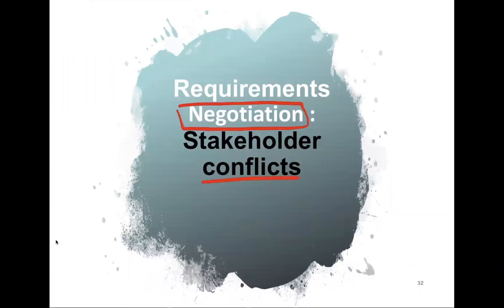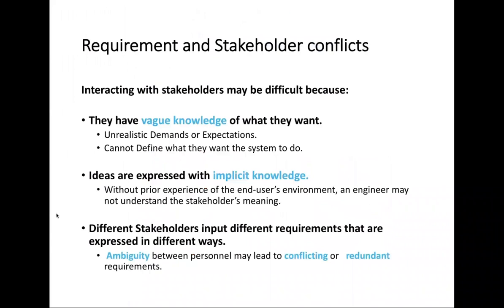But first, let's understand more about stakeholder conflicts, which end up as conflicts in requirements. Identifying requirements and stakeholder conflicts is a crucial task, because interaction with the stakeholders may be a tough task.